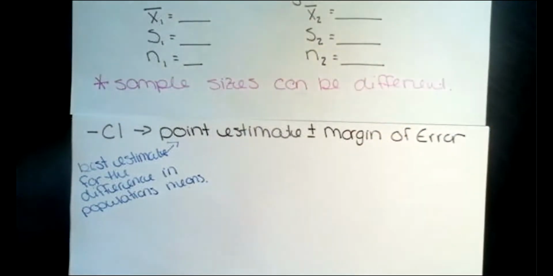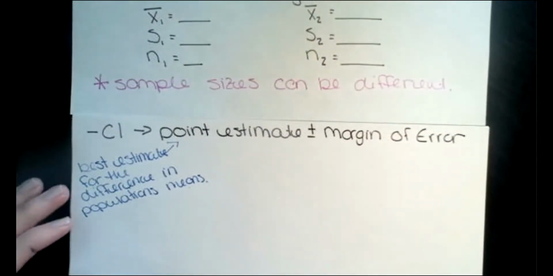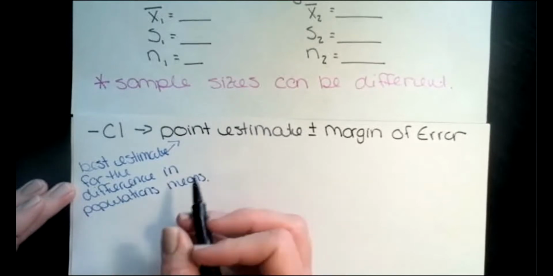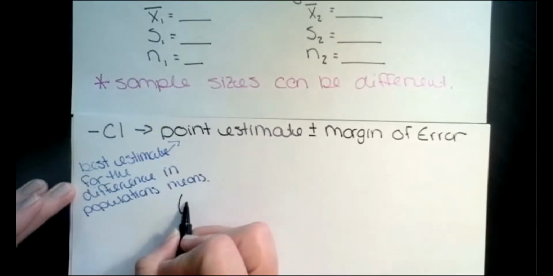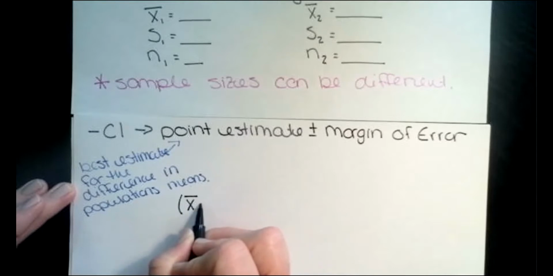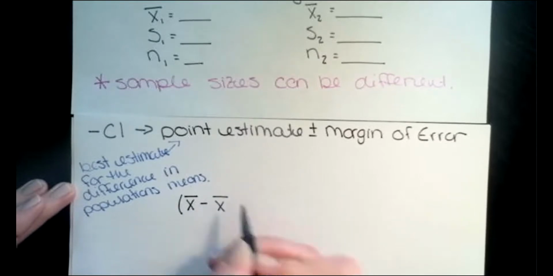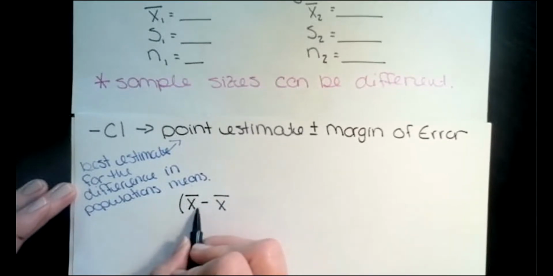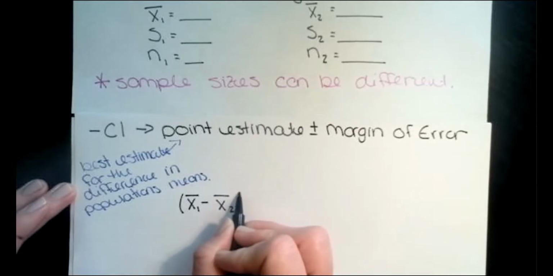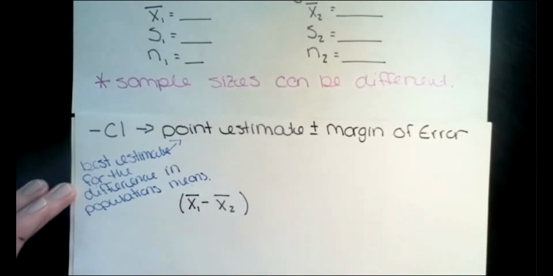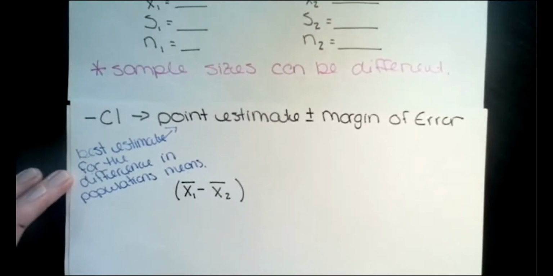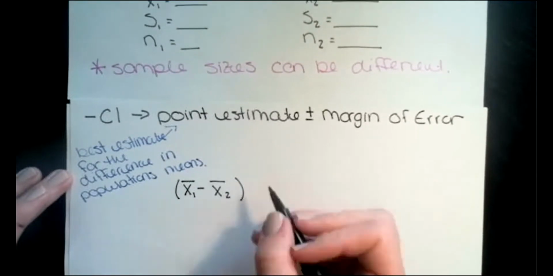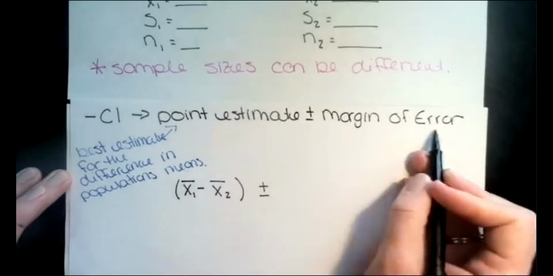When we're looking at the point estimate, we're going to look at the subtraction of the two sample means. I'm going to use a little notation of 1 and 2 to show group 1 and group 2. And remember, order of subtraction matters. We'll get to that when we interpret the CI. Then plus or minus my margin of error.